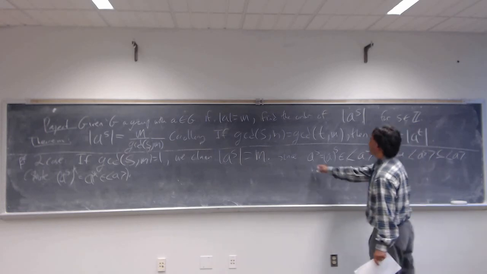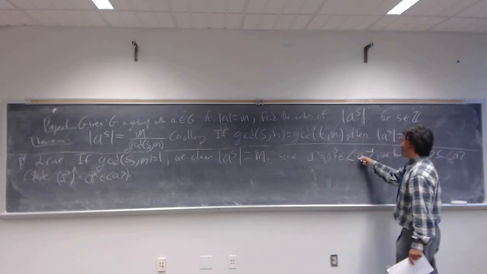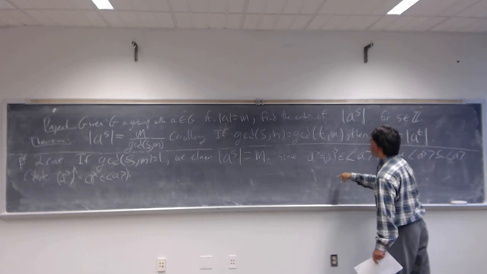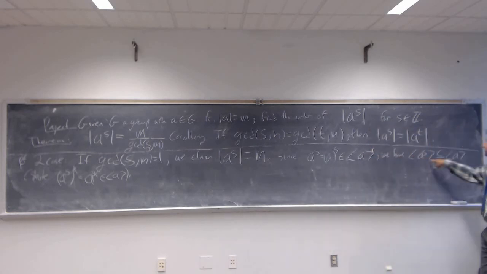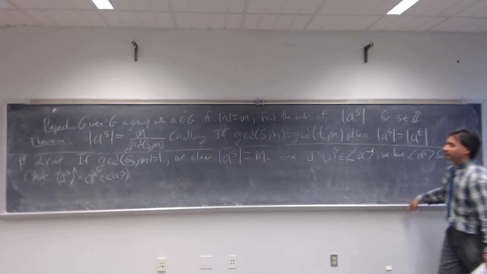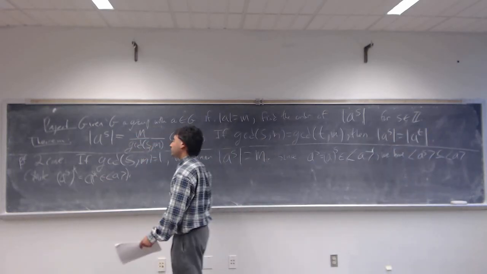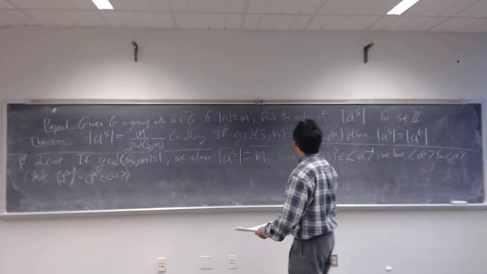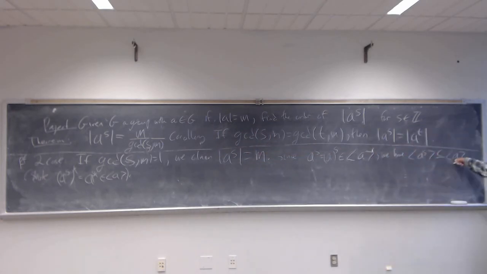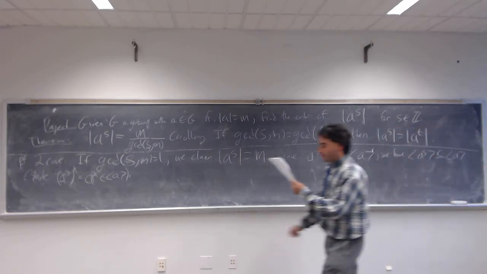But even in general, if an element is in the cyclic subgroup generated by one element, then the cyclic subgroup generated by that element has to be inside this, because this is the smallest subgroup that contains a to the s. This is just sort of a review. Once I show a to the s is inside the cyclic subgroup generated by a, then we know this is the smallest subgroup that contains a to the s, so that's got to be inside.